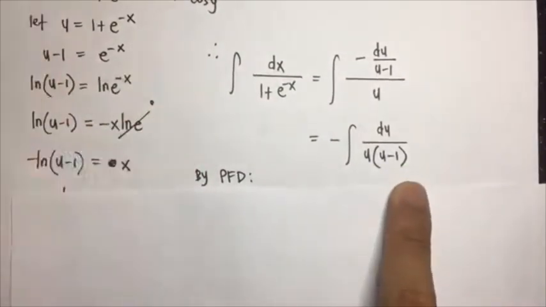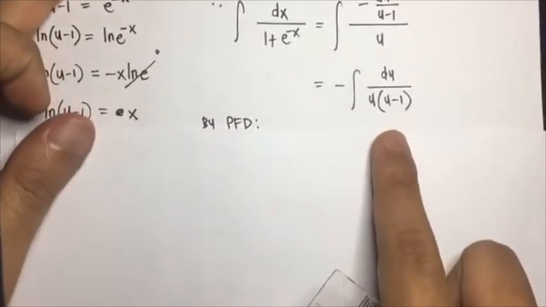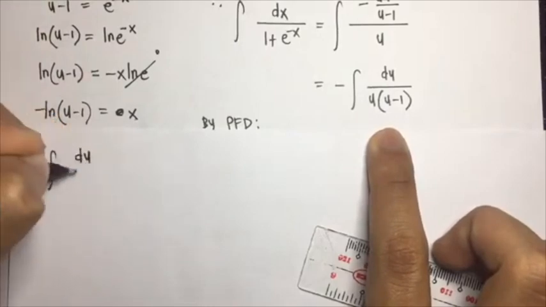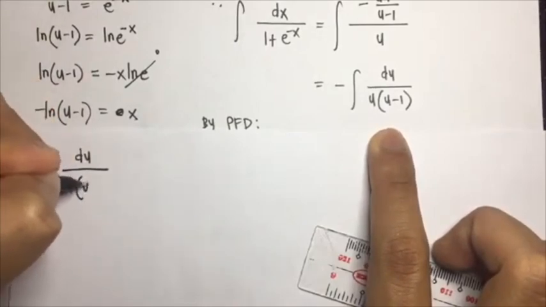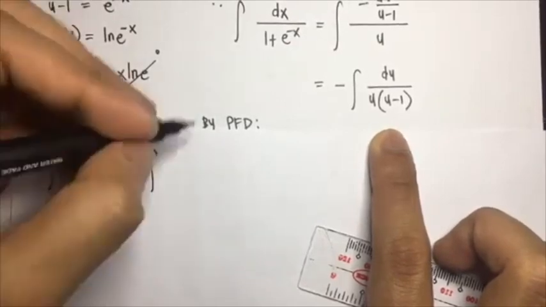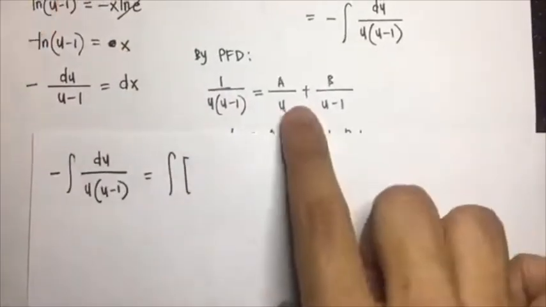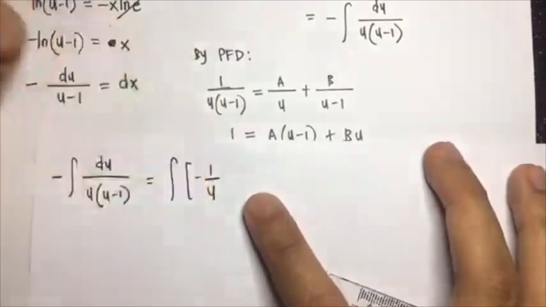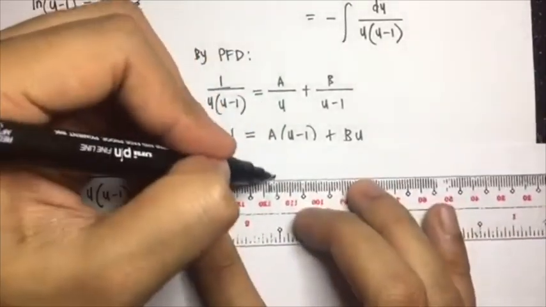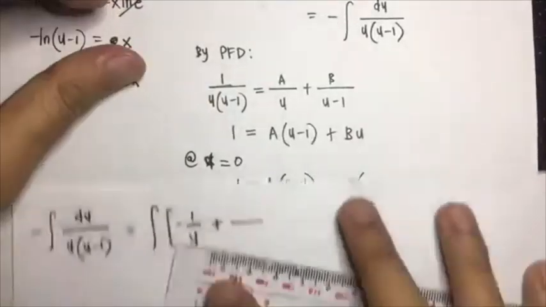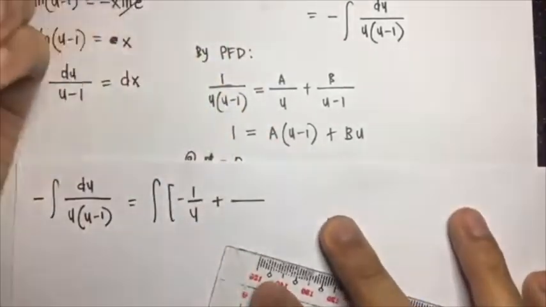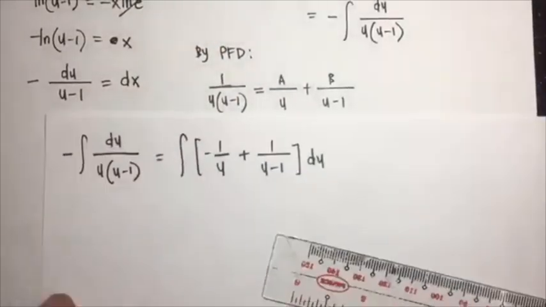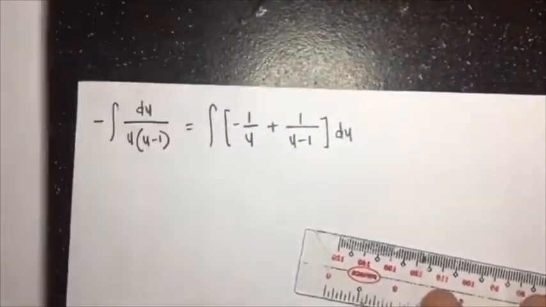So this integral now will become, let me get another sheet of paper, the negative integral of du over u times u minus 1 is equal to the integral of a over u, where a is negative 1, so negative 1 over u, plus b, which is positive 1, so plus 1 over u minus 1, du.